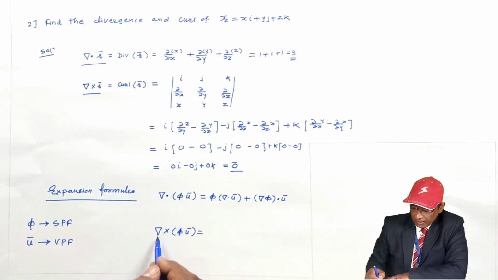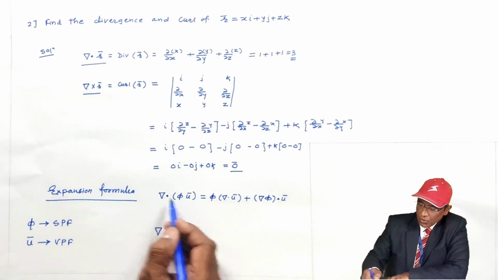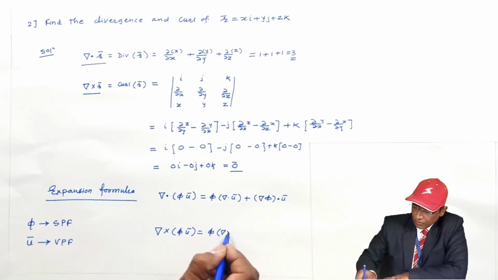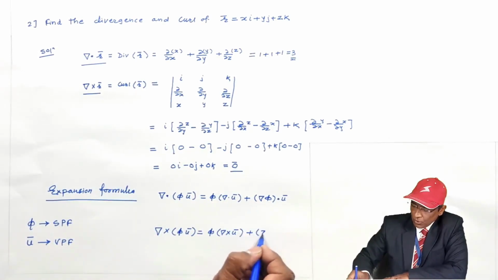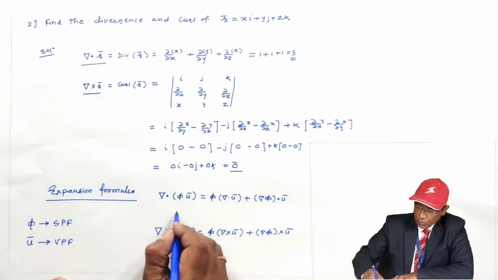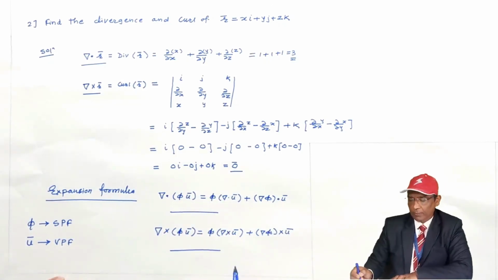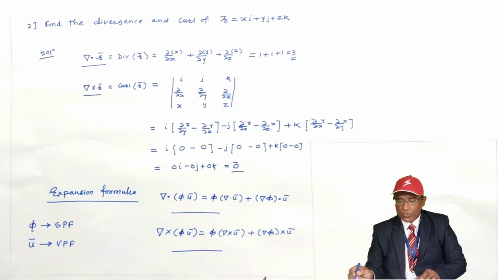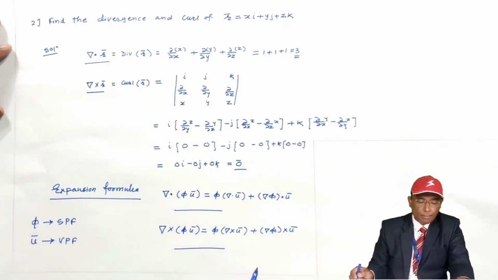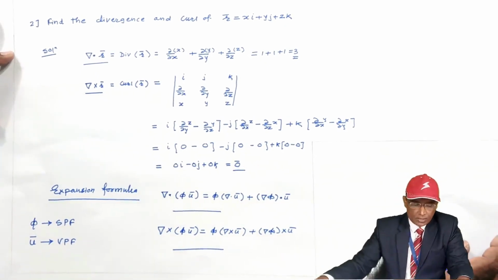Similarly, del cross phi u bar, just replace dot by cross: phi del cross u bar plus gradient of phi cross u bar. So these two expansion formulas are very important when we solve problems on vector identities.